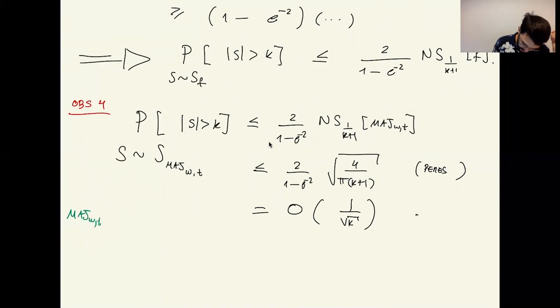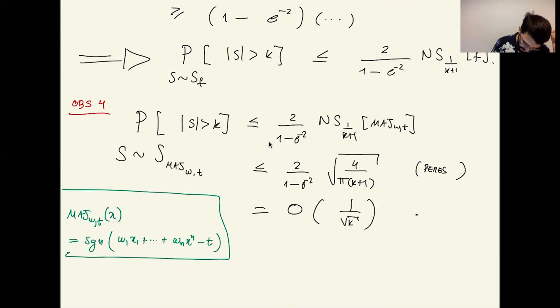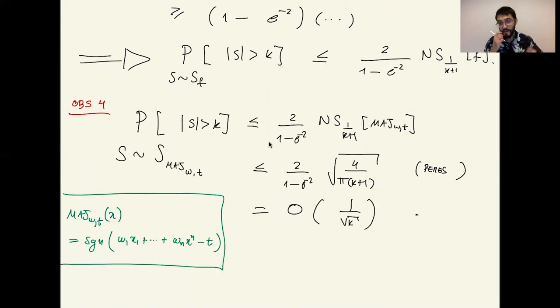Majority function Wt of x is just sign of W1 x1 plus dot dot dot plus Wn xn minus t, say. Okay. And we saw the result of Paris that showed that this inequality was true. So now you know how the Fourier coefficients of the majority function are concentrated.